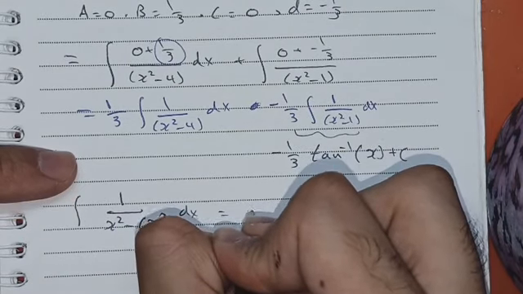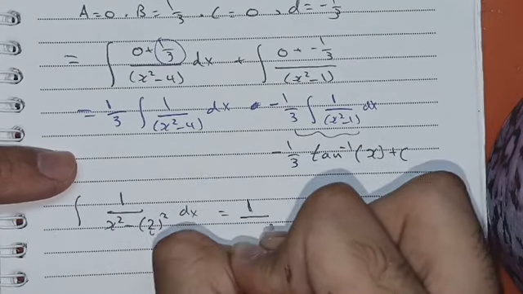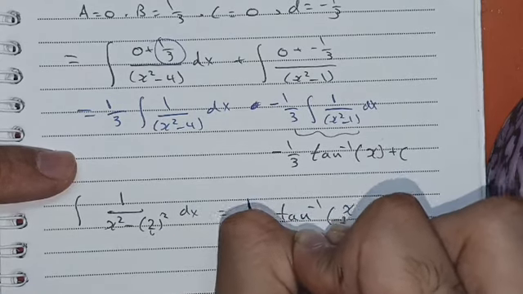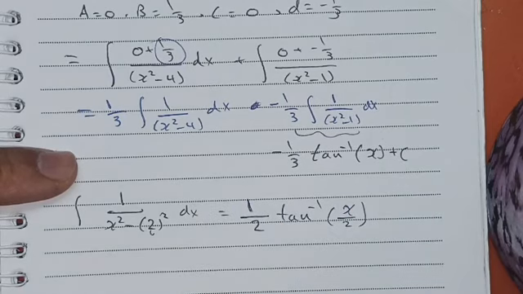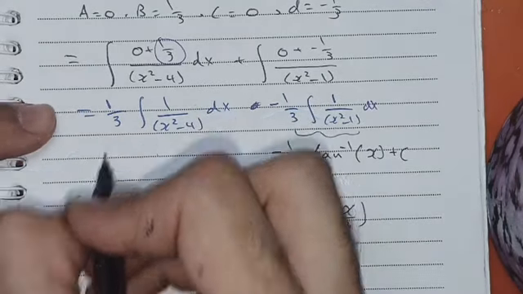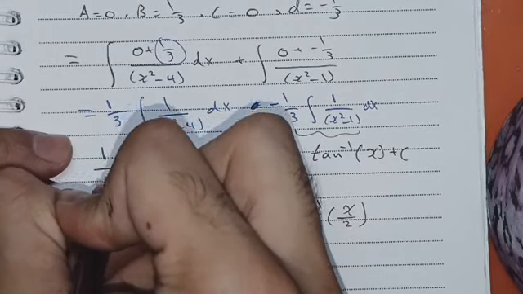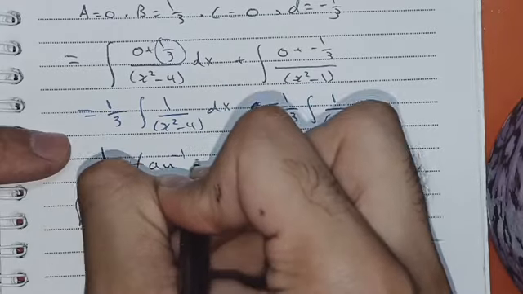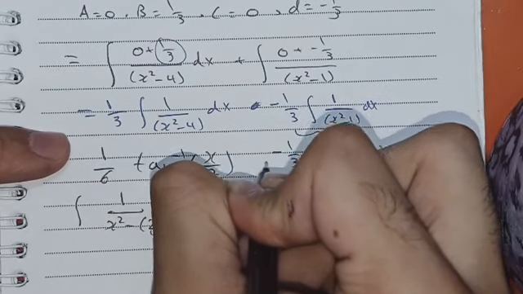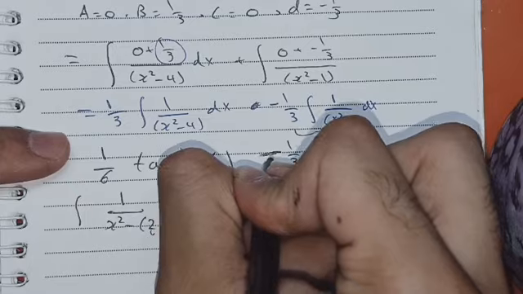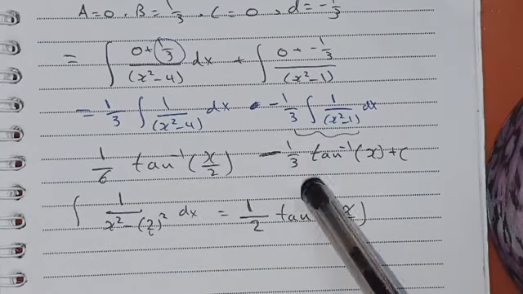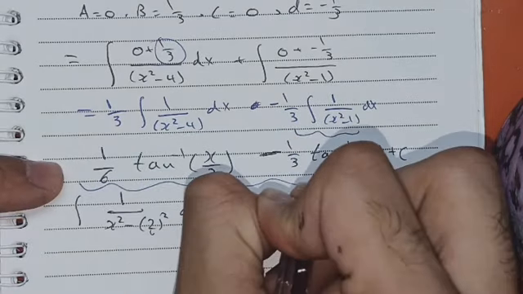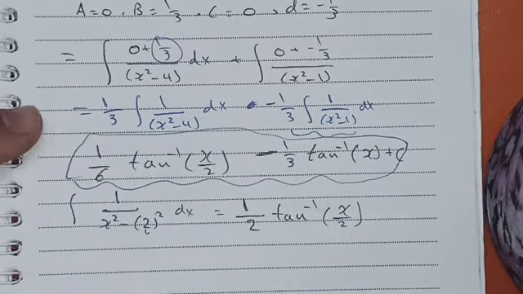This will be equal to 1 over 2 tan inverse of x over 2. So 1 over 2 multiply 1 over 3 will be 1 over 6 tan inverse of x over 2, minus 1 over 3 tan inverse of x, plus c. This will be our final answer for the integration.